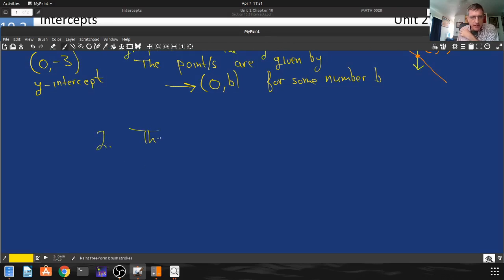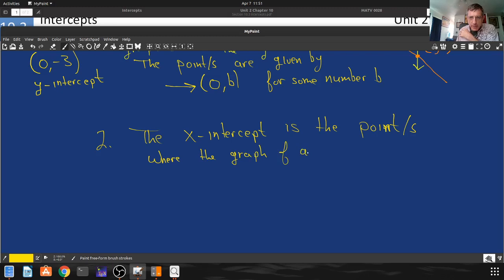So the x-intercept is the point or points where the graph of an equation, and of course these equations again are in two variables, crosses, guess what, the x-axis.